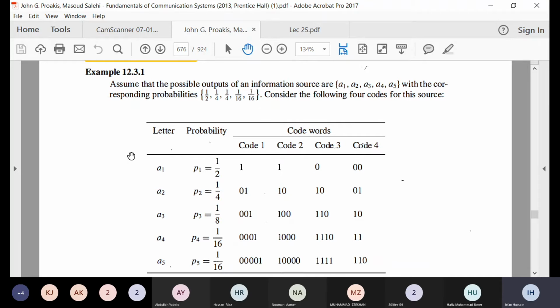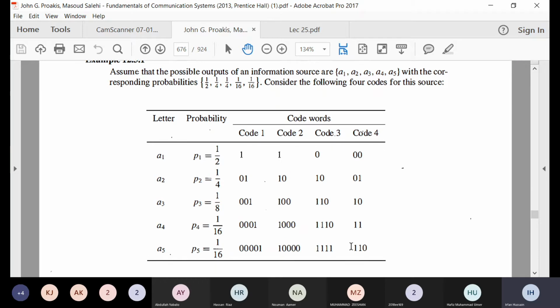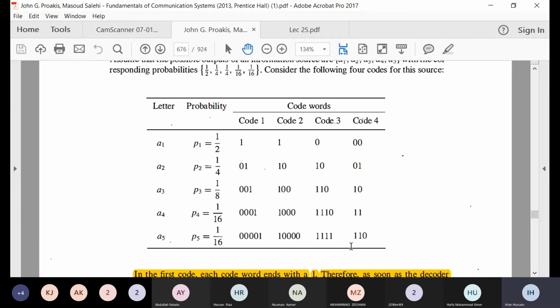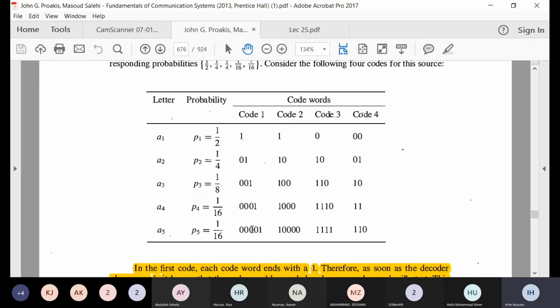So assume that we have these sources, these are the alphabets, and there are these probabilities. We use 4 different codes for coding them. Let us see the first code. We see an advantage that in code 1, all of the code words end with 1.